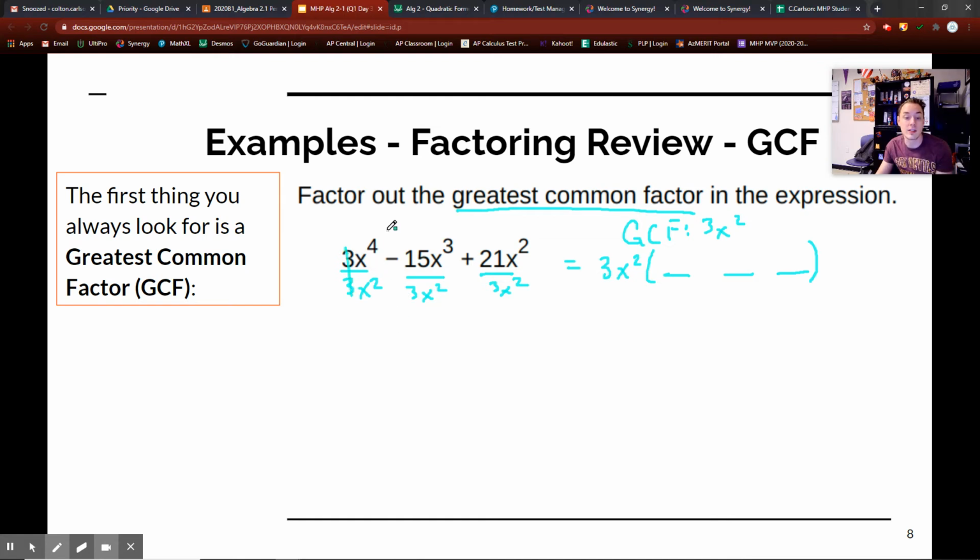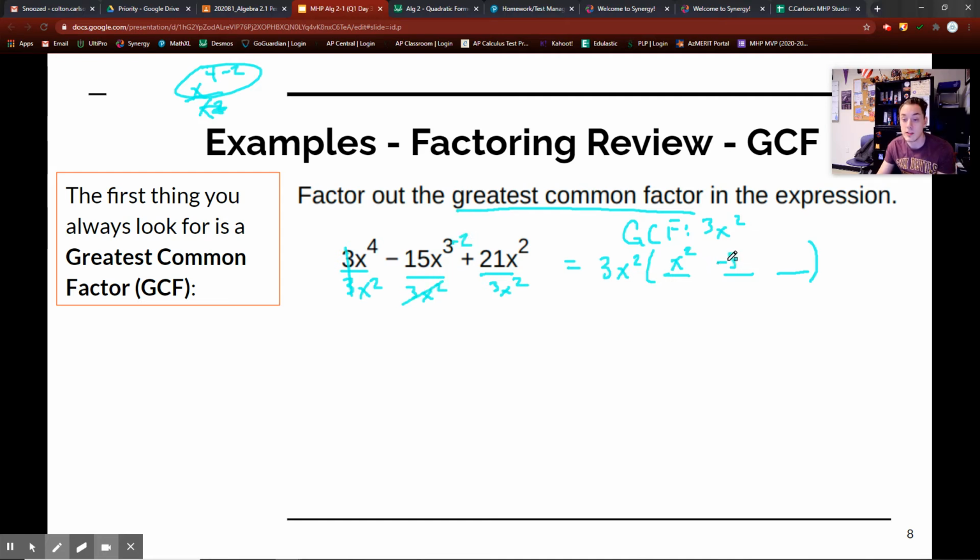That goes poofy. What's x to the fourth divided by x squared? Well, I know how to divide fractions. All I have to do is just subtract the exponents. So I subtract the 2 here. That's all I have to look at. So what's 4 minus 2? 2. So x squared. Negative 15 divided by 3 is negative 5. And then x cubed divided by x squared, again, just subtract them.